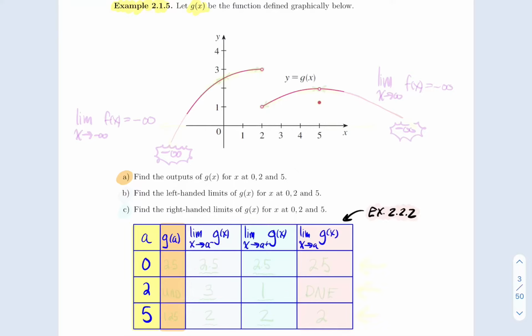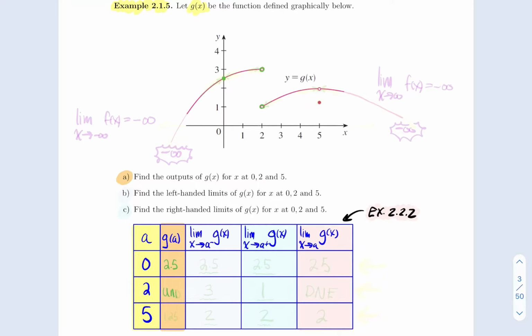You should be very familiar with that. At 0, I can see that my output is up here at 2.5, so at 0 my function is equal to 2.5. The next point is 2. When I look at my graph on top of 2, I just see a hollow dot. I don't see any full dots, so the function is undefined at 2.